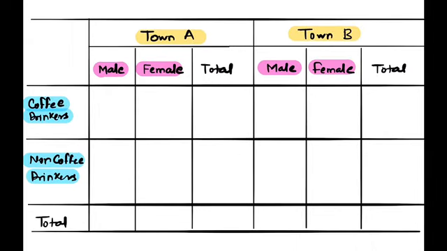We need to prepare a table, but the problem is we have two sides and there are three characteristics. So the solution is to present two characteristics on one side and one characteristic on the other side, and this will make a total of three characteristics.